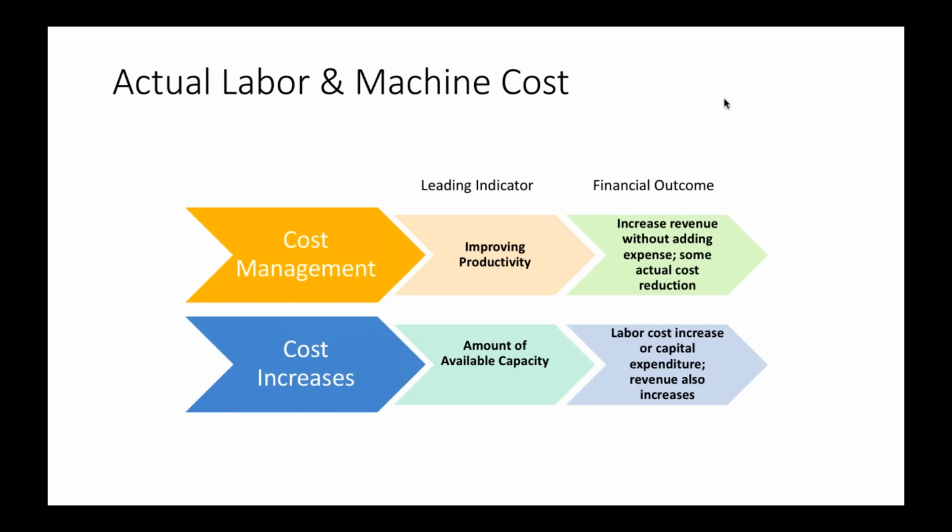But it's also important to remember, if you have to purchase more capacity, you probably have the demand, which means your revenue is going to go up. Now, the beauty of a value stream income statement is that it will show these relationships. Standard costing-based income statements do not show these relationships.